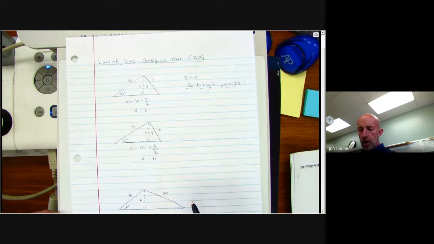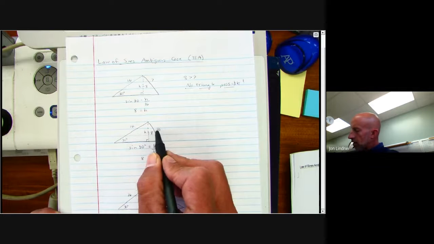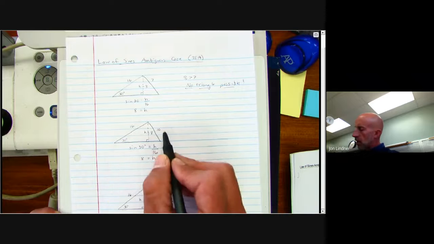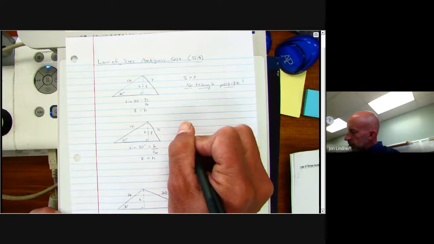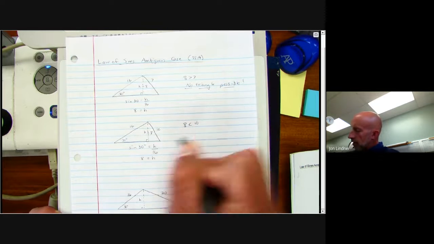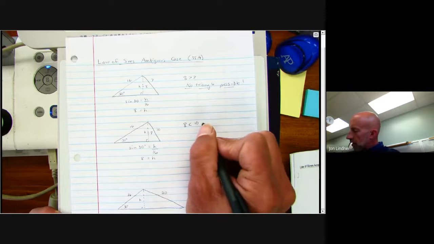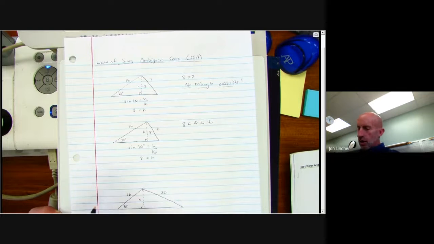The way that I determine that is by comparing this height, the side that is opposite the given angle, and the other given side. In this case, 8 is less than this side that is opposite the given angle, and that side is less than the side that is adjacent to the angle.